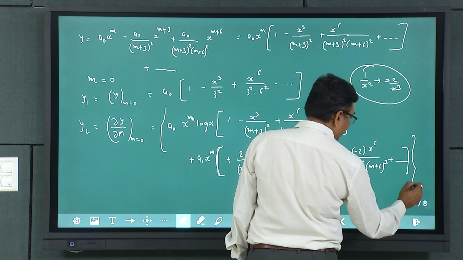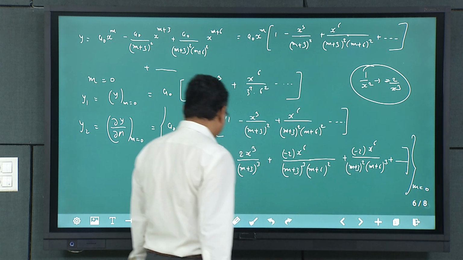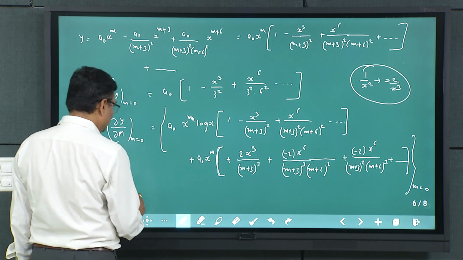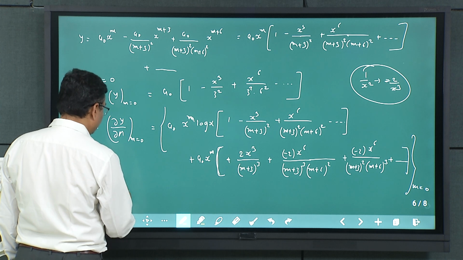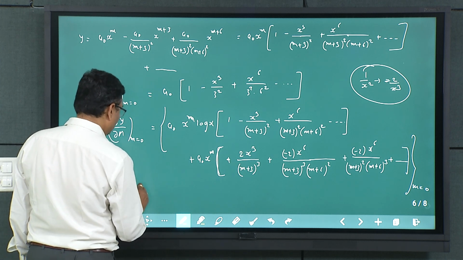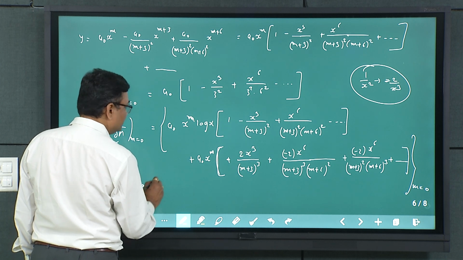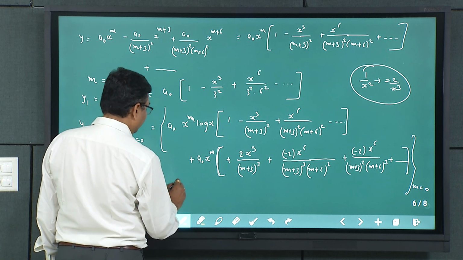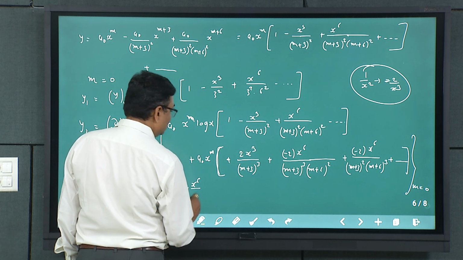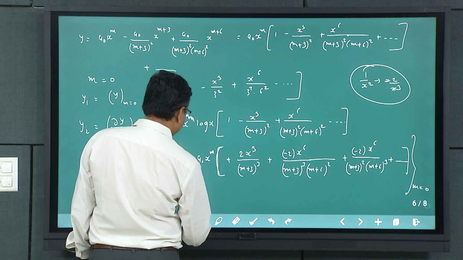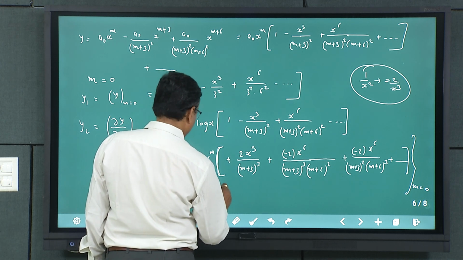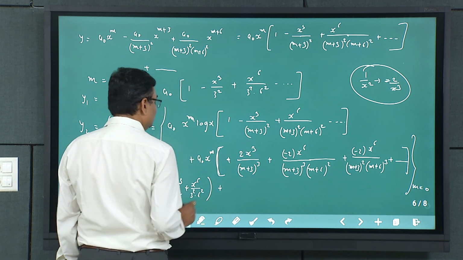Now we will take m is equal to 0 in this case. So this is equal to a0, we can take common, m equal to 0, so log x into 1 minus x cube upon 3 square plus x raised to 6 upon 3 square into 6 square, plus x raised to m equal to 0.